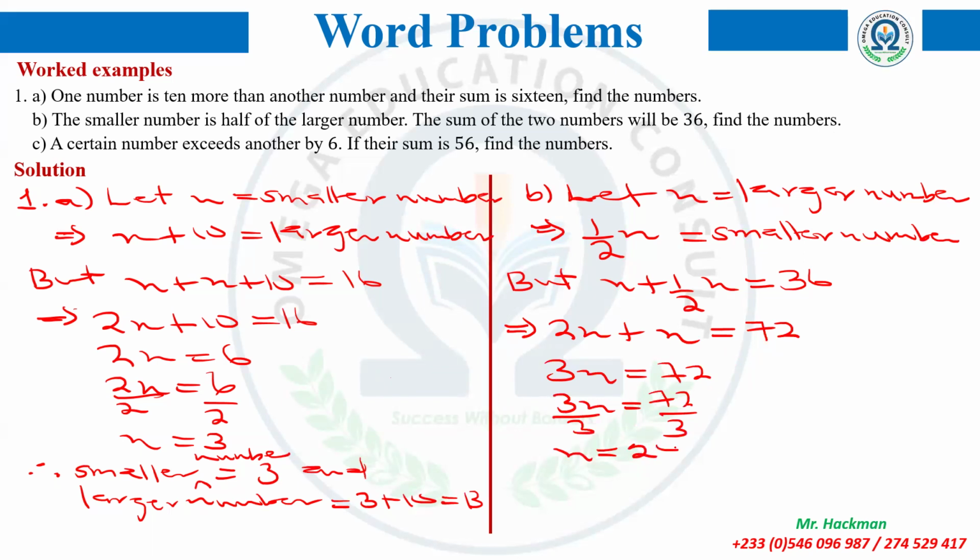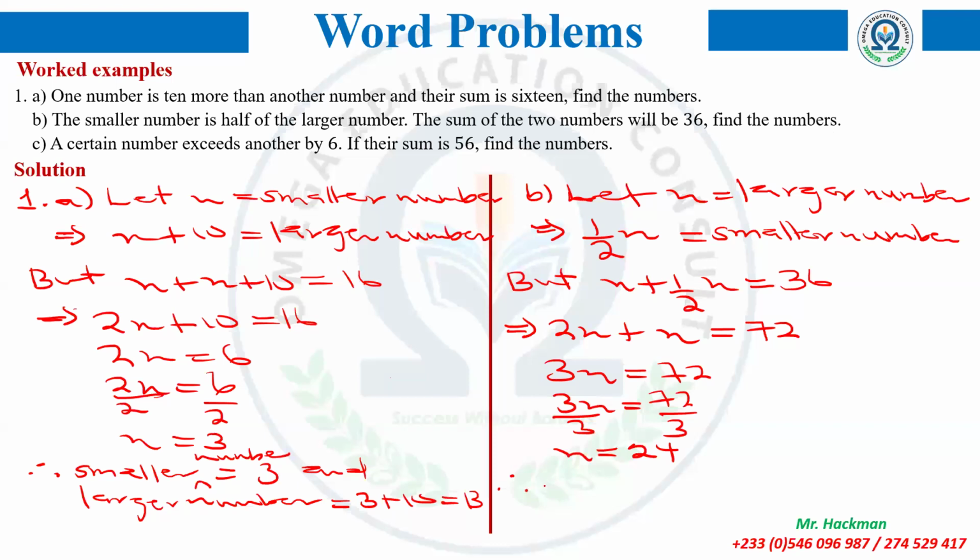So now that we know x, it means we know the larger number, and therefore we are able to get the smaller number because the larger number is what's represented by x. So I'll write therefore, because I was asked to find the numbers. I can't say therefore x is equal to.